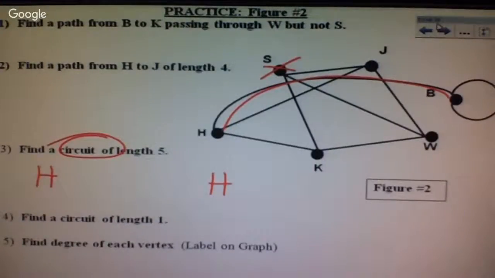So while this has 5 letters, it's only a length of 4. If that confuses you, you can also write this as AB, BC, CD, and DE. So you see the groupings of 4 if you need to. You can write that as lengths instead of as vertices, if that helps.